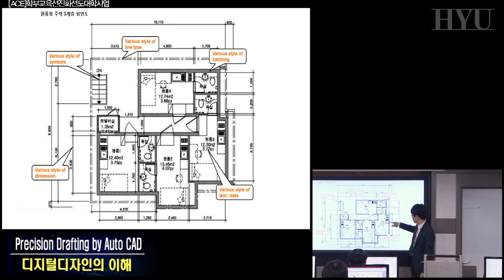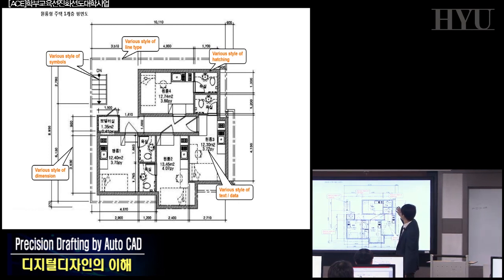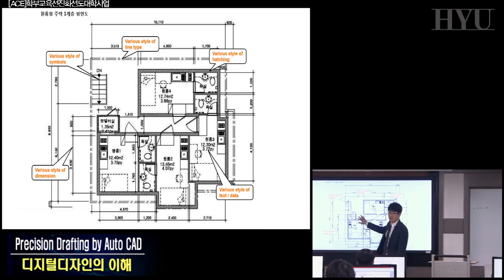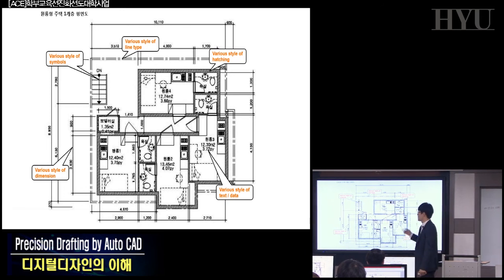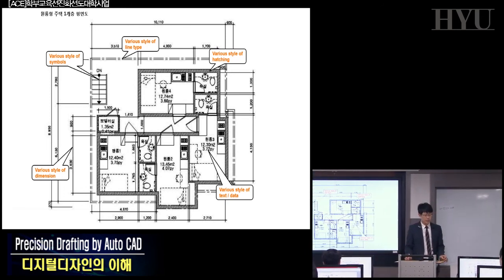Hatch means this kind of pattern. Sometimes solid hatch means just black color, red color. You can choose some specific type of hatches, such as floor pattern or wall fill, and so on.